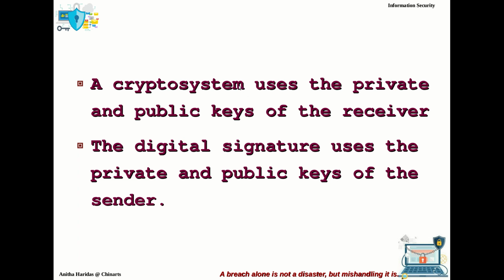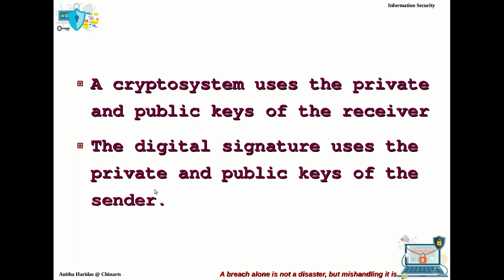Now, a crypto system uses the private and public keys of the receiver, but the digital signature uses the private and public keys of the sender. A crypto system which is used for confidentiality uses the private and public key of the receiver, as we had already seen in our earlier slide.